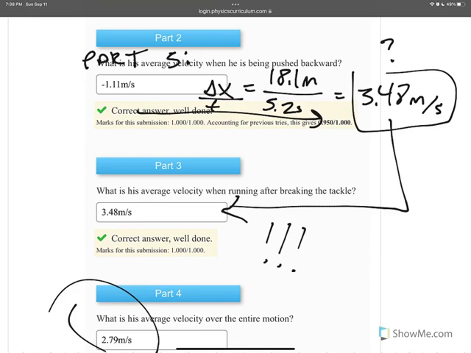So you might think you could just take the average of these three velocities to get the overall average velocity, but that's not how average velocity works in kinematics. The average velocity is, once again, the total displacement divided by the total time.